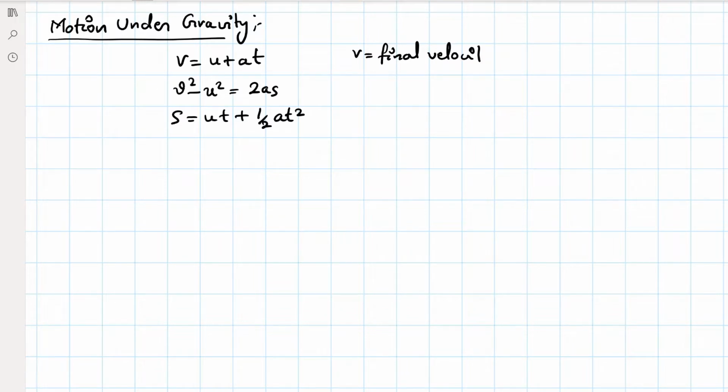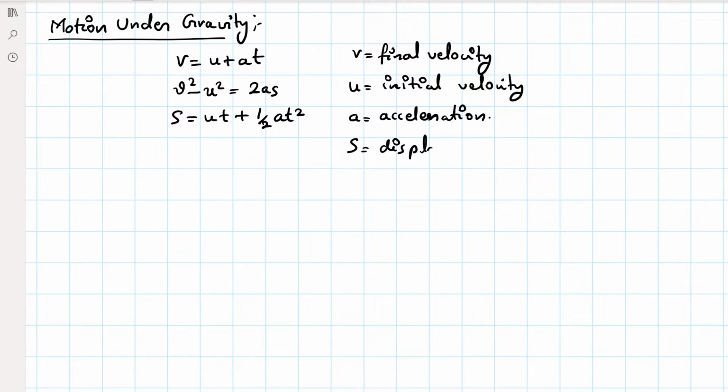final velocity, U is initial velocity, A is acceleration, S is displacement, or we can call it distance or height, depending on the condition, and T is time.